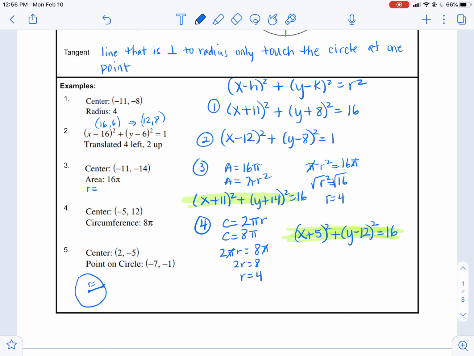Now remember, your distance formula is D equals the square root of your change in your x's squared plus your change in your y's squared. So we're just going to run some numbers.